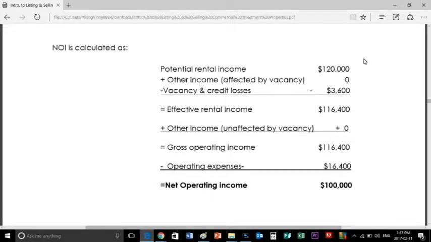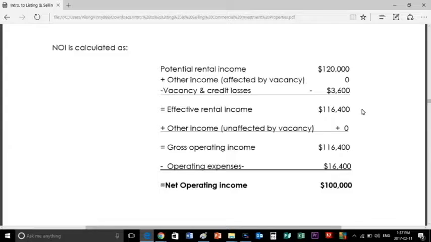NOI is calculated as potential rental income, $120,000, plus other income affected by vacancy, 0, minus vacancy and credit losses, $3,600.